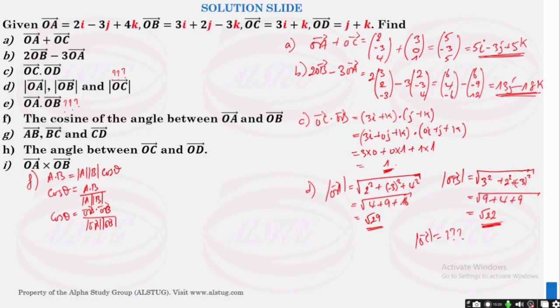Now, do we have OA dot OB? We haven't done that. It's question E. So in the end, I'm going to do it for you. OA dot OB: we are going to have 2 times 3, that gives us 6, plus negative 3 times 2, that still gives us negative 6.